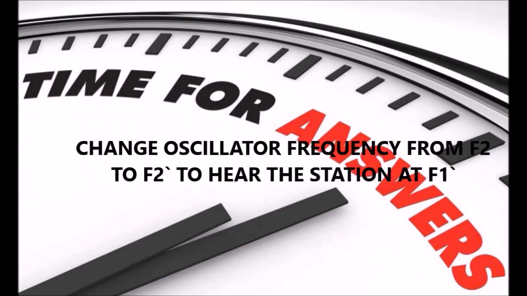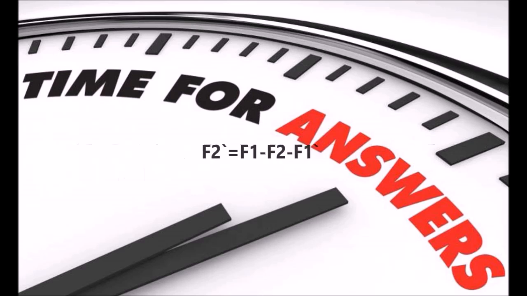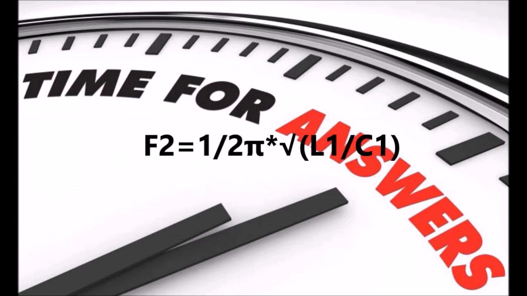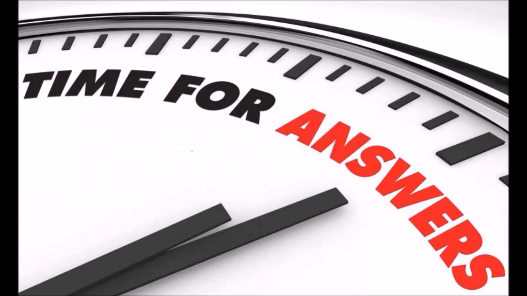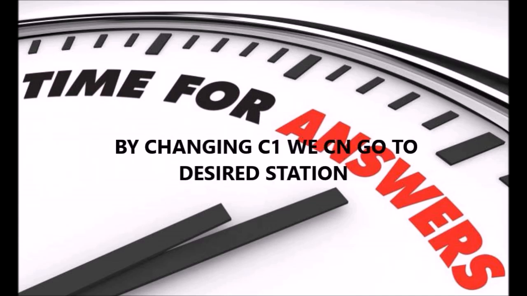Hence, we may change the oscillator frequency F2 to F2 dash and hear the station at frequency F1 dash. F2 dash will be equal to F1 dash minus IF. F2 is given by 1 upon 2 pi into 1 upon square root of L1 C1. Hence, if we change capacitance C1 of the oscillator circuit, we can go to the desired station.